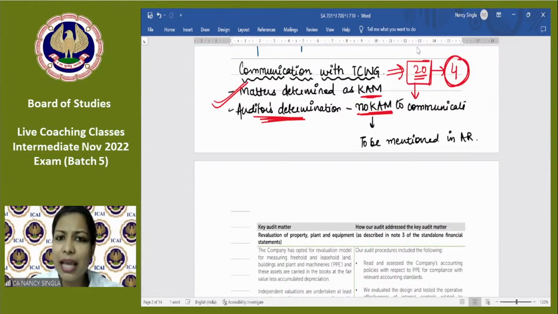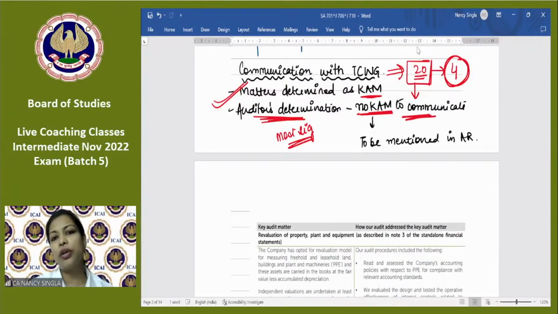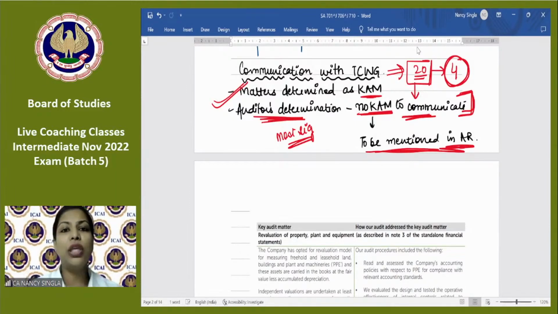They were significant, that is why you discussed them with those charged with governance, but according to the auditor's professional judgment they are not the most significant to be made key audit matters. Then tell that also to those charged with governance that there is no key audit matter to communicate. And if there is no key audit matter to communicate, since in the case of a listed entity it is mandatory to include the key audit matter section, mention there in the audit report, under the heading key audit matter, that there is no key audit matter.